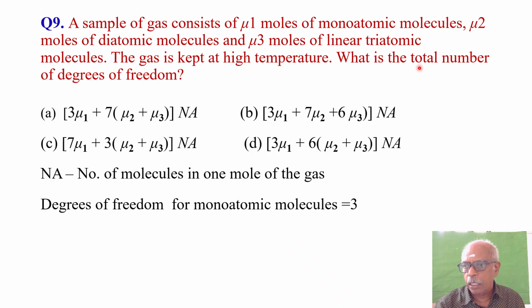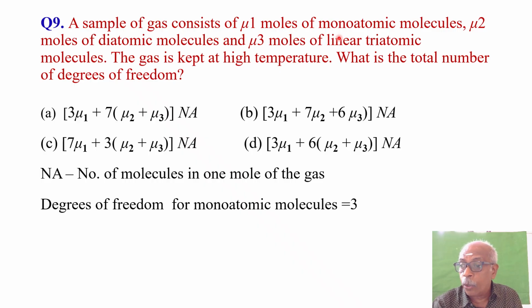Okay, how to solve this problem, sir? So, for example, you have three cases in this, three types of molecules in the gas. One is monoatomic, another is diatomic, and the third is linear triatomic. For a single monoatomic molecule, the degrees of freedom is 3, that you know very well.